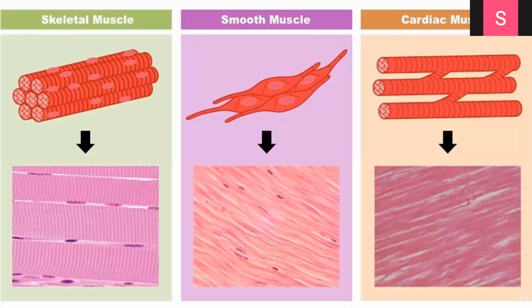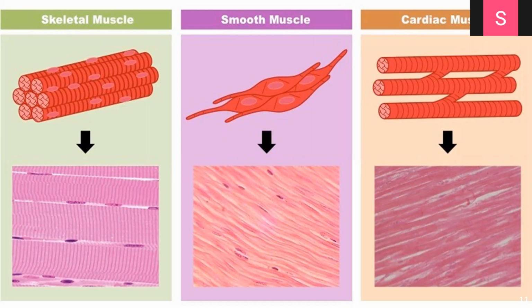Let's talk about muscle tissue. Muscle tissue is composed of cells that have the special ability to shorten or contract in order to produce movement of the body parts. The tissue is highly cellular and is well supplied with blood vessels.